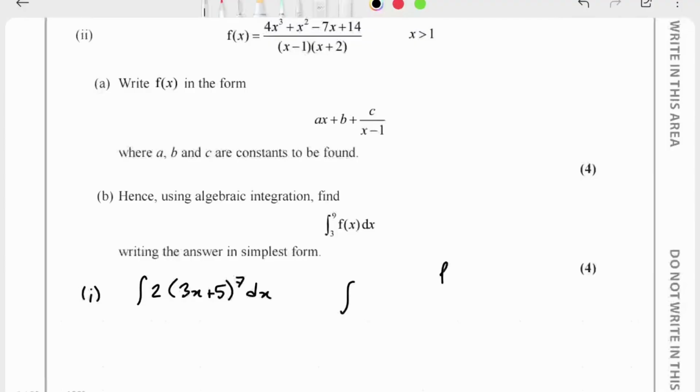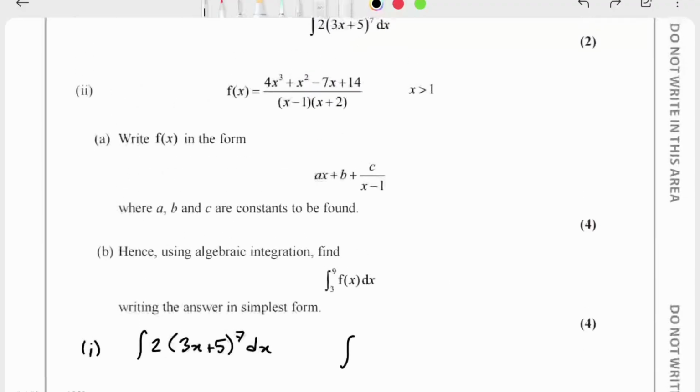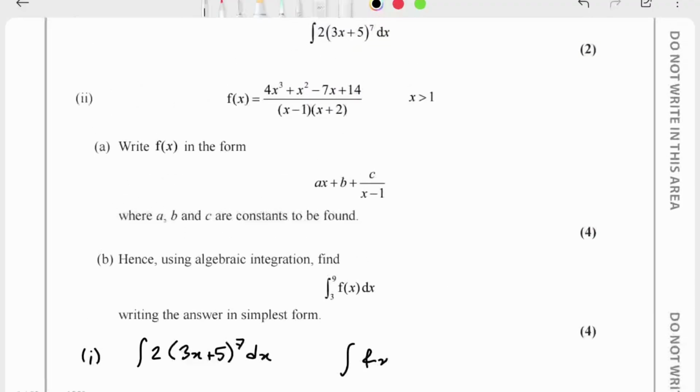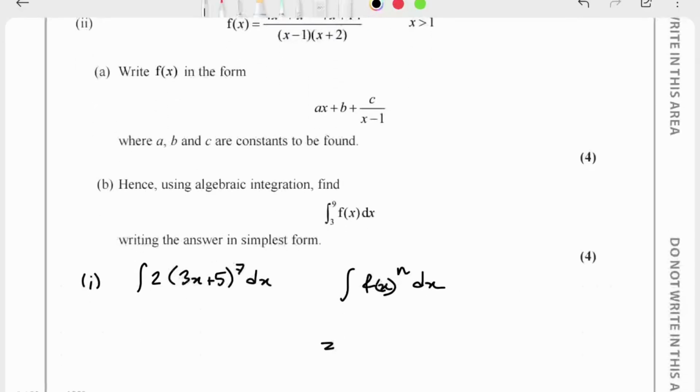If f of x is a straight line, and the integral is given in this format, the integral looks like f of x to the power n plus 1 by n plus 1, times 1 by f prime of x.